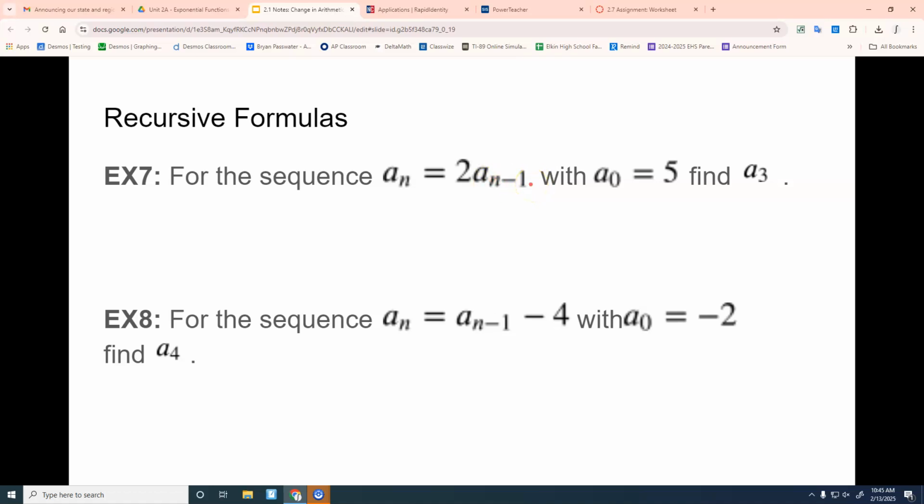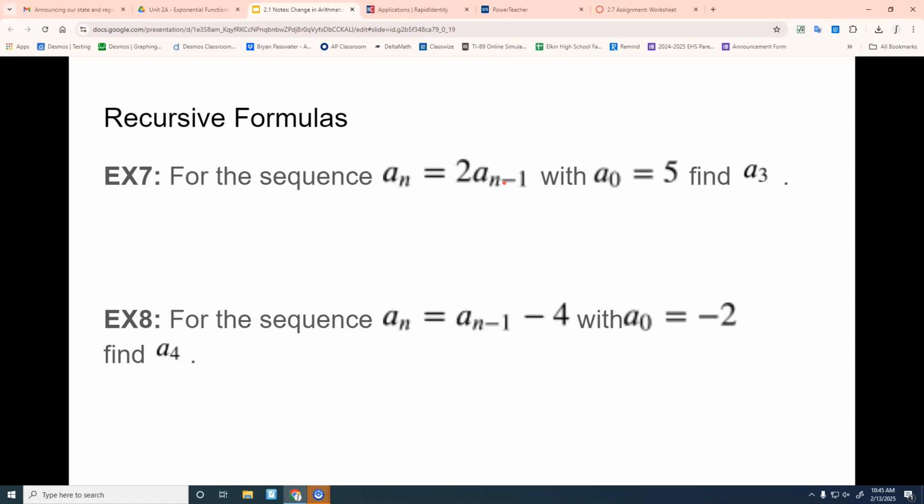So what's happening here whenever you do this is called a recursive formula. You think of that word recursive, it sounds like recurring. And that is what's happening here. You're doing something over and over and over and over again.